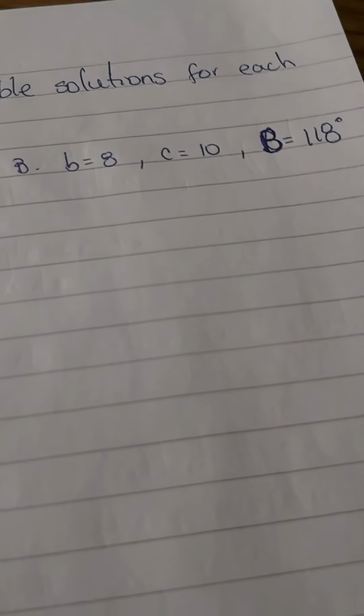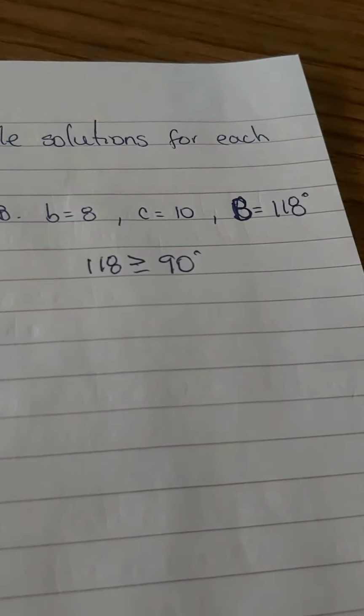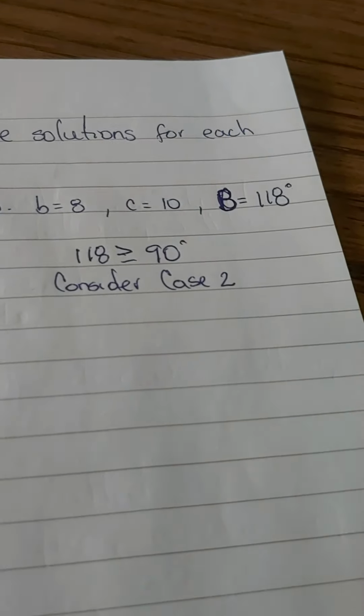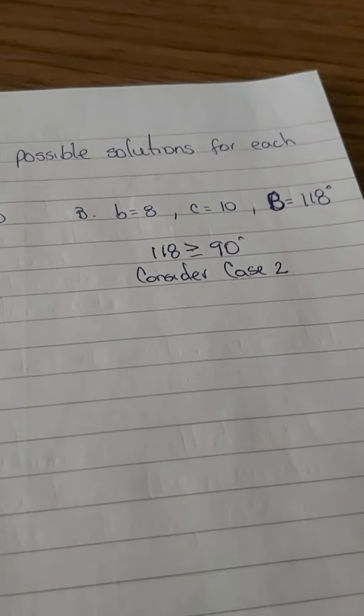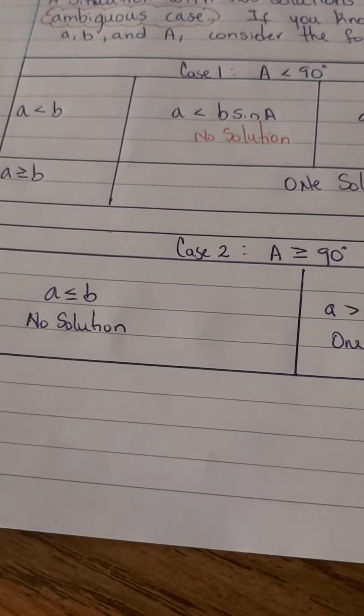Now look at part B. We have side B equals 8, side C equals 10, angle B equals 118. Now, 118 is greater than or equal to 90. It's greater than. So that's why we're going to consider case 2, because the angle is greater than 90. So what do we have to do in case 2? Compare the sides.